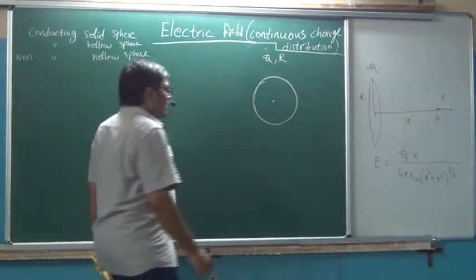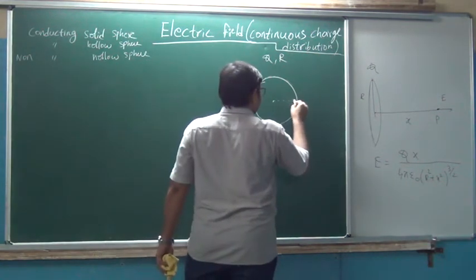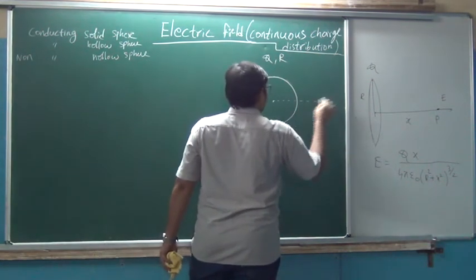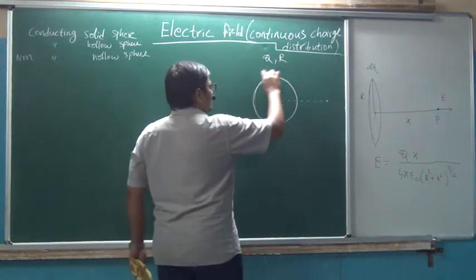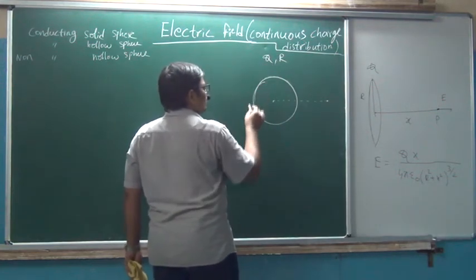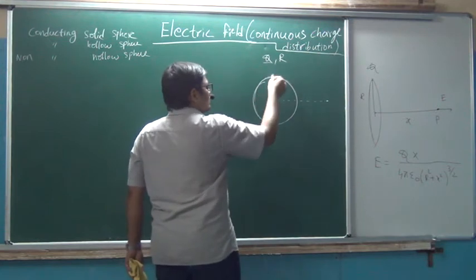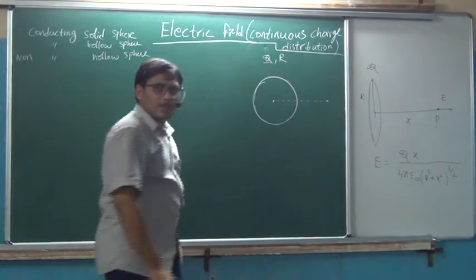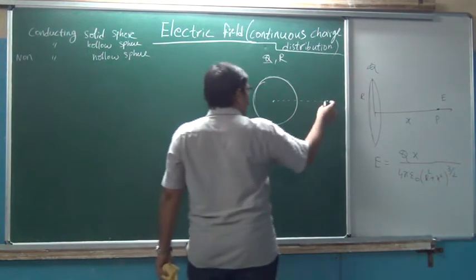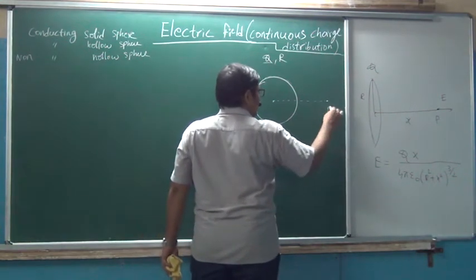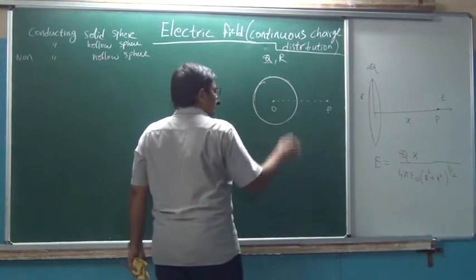This is the configuration of the charge Q. I arranged charge Q in this form, in the spherical form of radius capital R, and I need the electric field at this point P. This is point O, let us take.